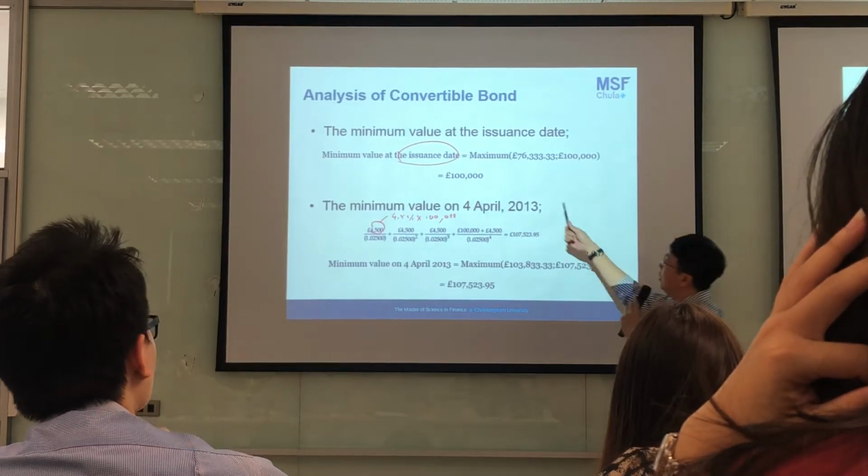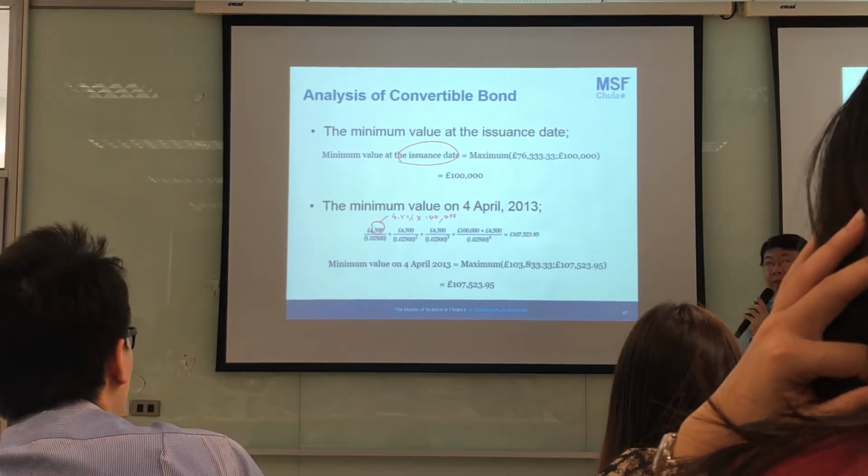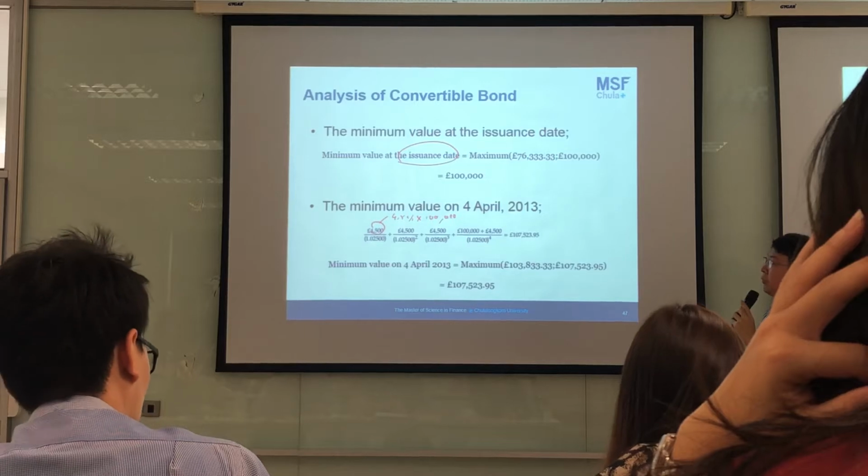So the minimum value should be 100,000, right? At time zero, the issuance date.